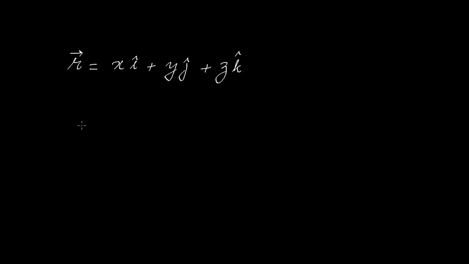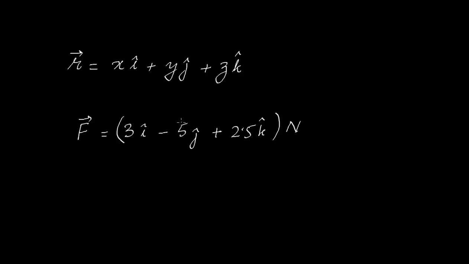In general, let's say a force of 3 I cap minus 5 j cap plus 2.5 k cap Newton. What is the meaning of this? It means that this force has a component 3 Newton along the x direction.